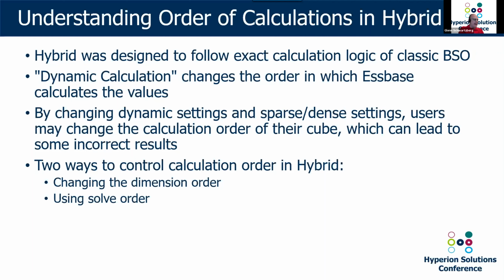The first one, and sometimes it will have significant impact, is to change the order of the dimensions. So by default, some of the data is being calculated later on. The other way we can do it is by using solve order to influence or to force the order in which things are getting calculated.